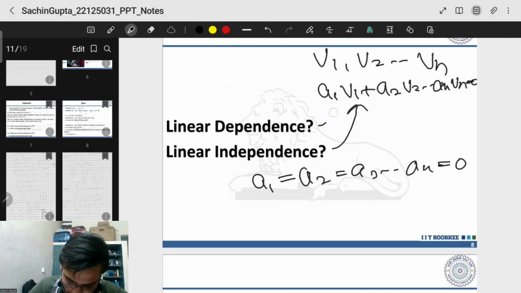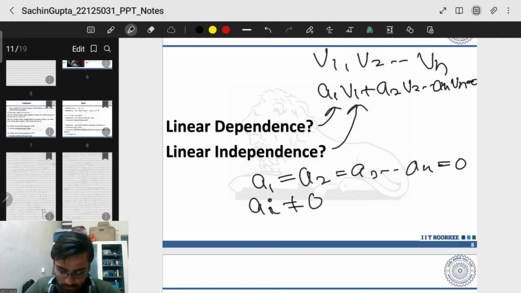But for linear dependence, at least one ai is not equal to 0. Okay, that is, we can write suppose vector vm as a linear combination of all the other remaining vectors. So that is why vector vm is dependent on the other vectors.